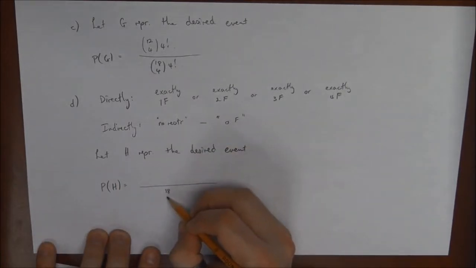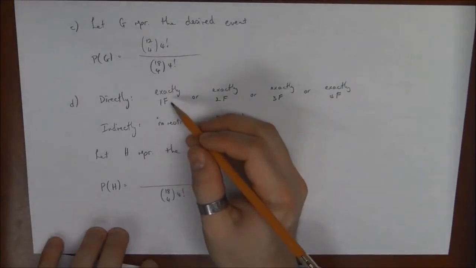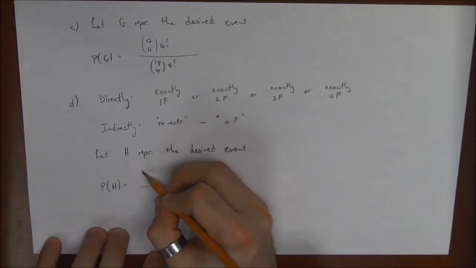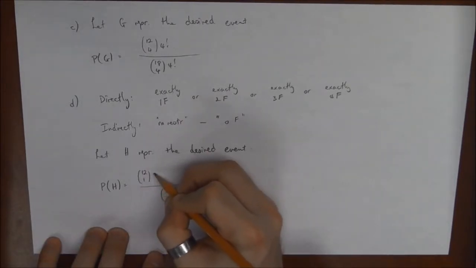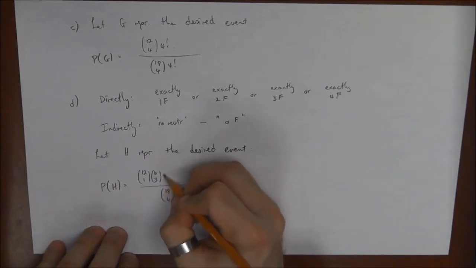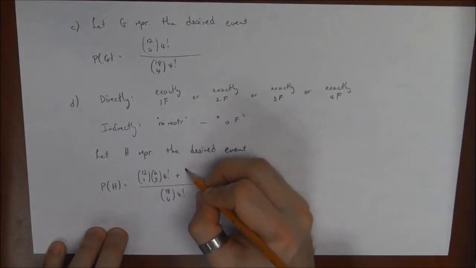Bottom is still no restriction, same as always. Exactly 1 fiction book. Well, out of the 12, select 1. Out of the 6 non-fiction, select 3 and arrange. Plus, out of the 12, select 2.